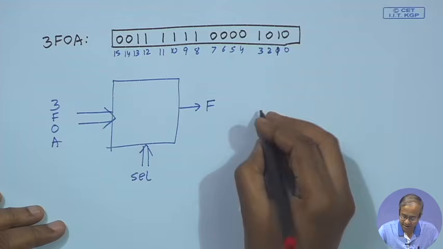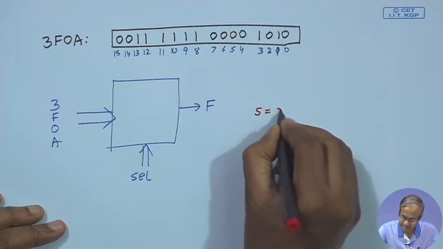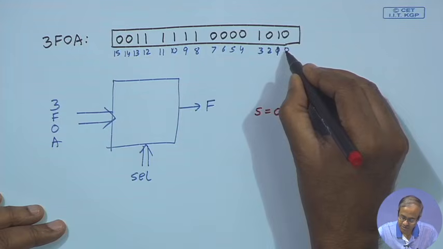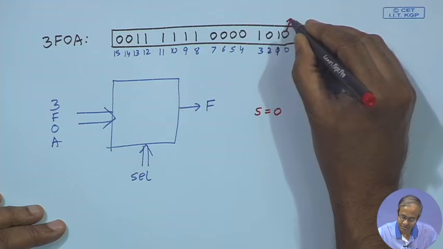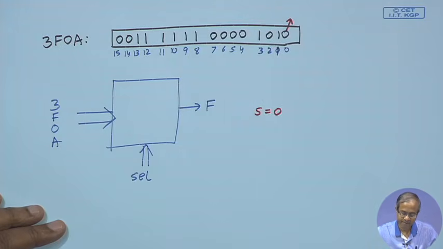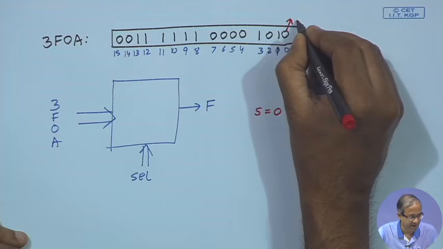If we apply select line as 0, this 0 will be selected. So, we will be getting this 0 as the output, and this will happen at time 5.